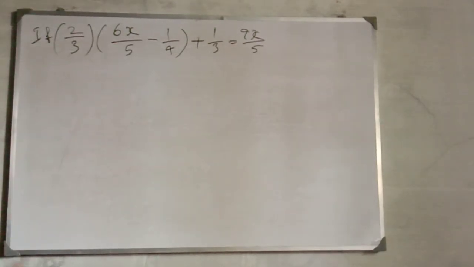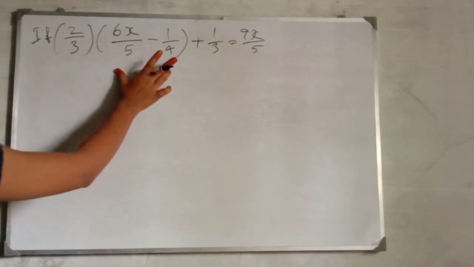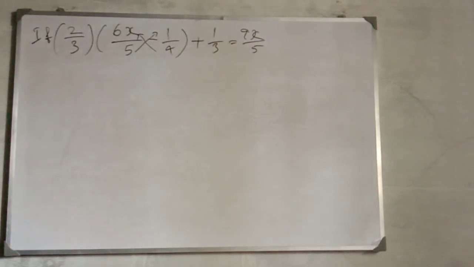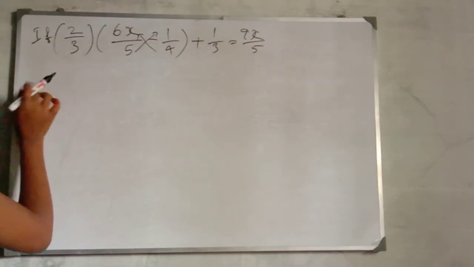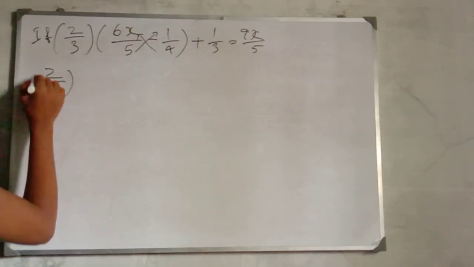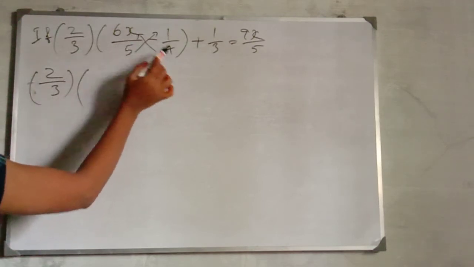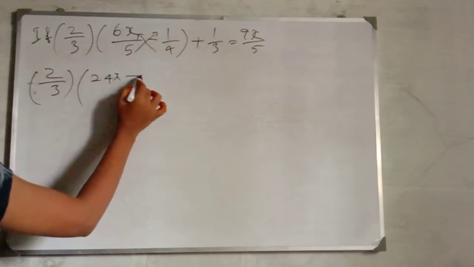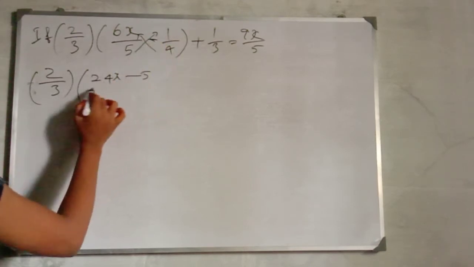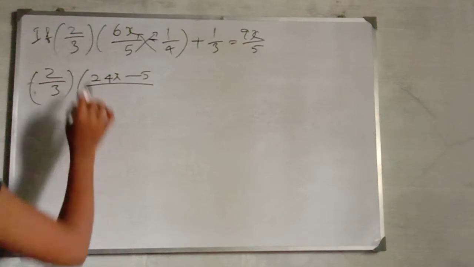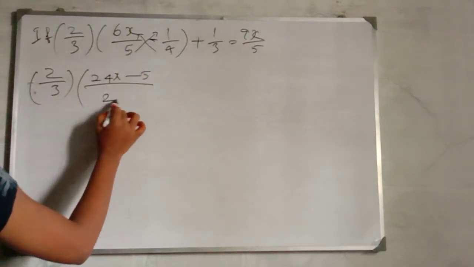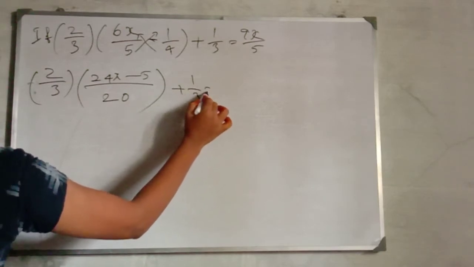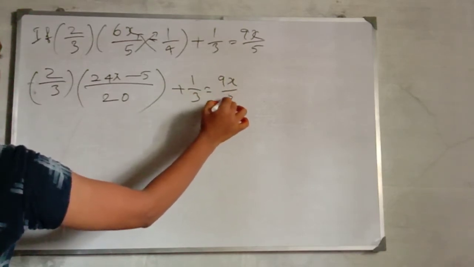First we simplify this bracket. Now cross multiplication. So 2 by 3 into 6 into 4 are 24x and 1 5s are 5. Here the minus symbol, divided by 5 4s are 20, plus 1 by 3 is equal to 9x by 5.